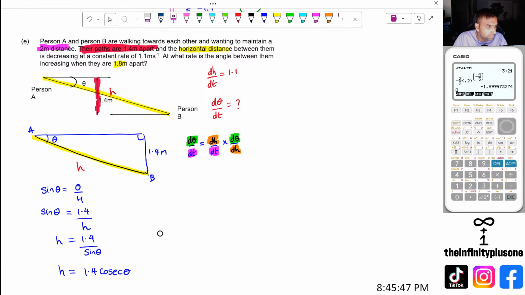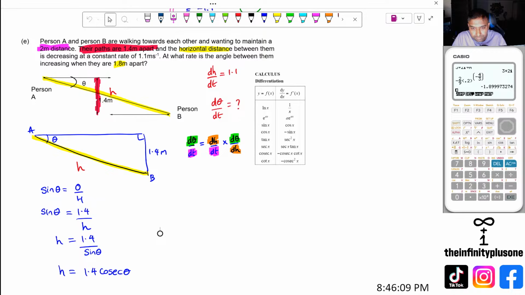Okay. Cosec goes into negative cosec cot x. Sorry, I should have realized that's the formula you're looking for. There we go. Simon, yes, the rate of change is actually in there.